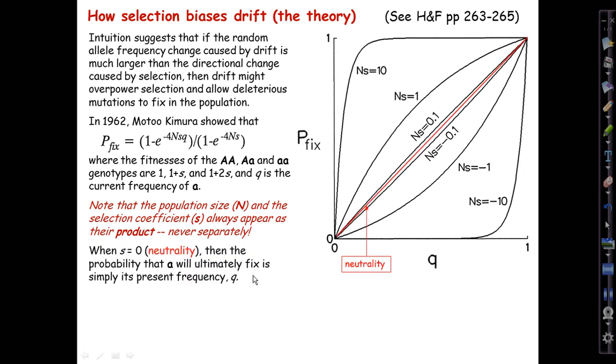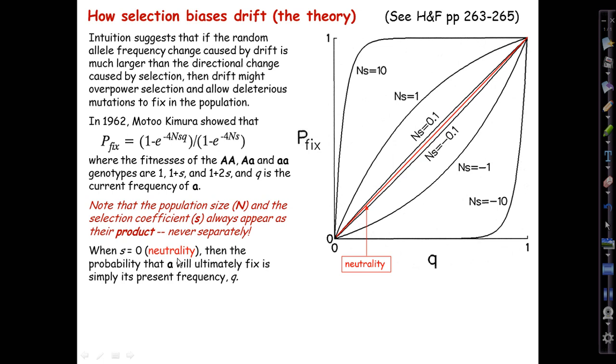So that's telling us something really important that falls out of the equation: the balance between selection and drift has to do with whether N is large relative to the reciprocal of S, the selection coefficient, because it's their product that matters, not either of them individually, given a certain present allele frequency.